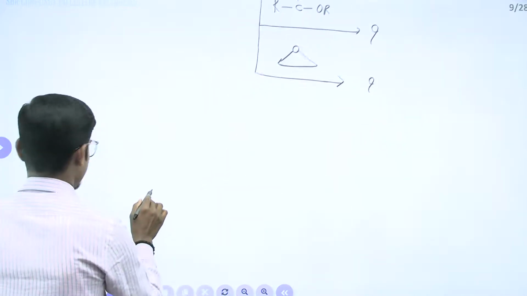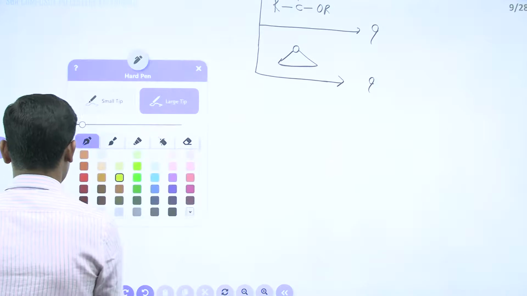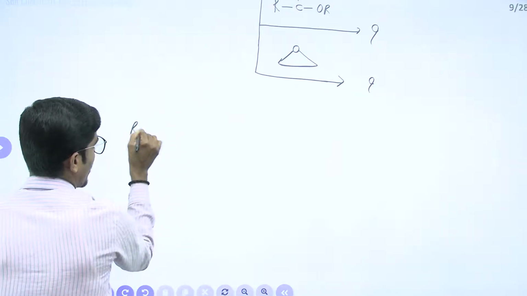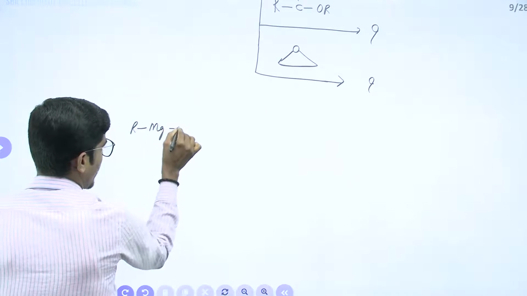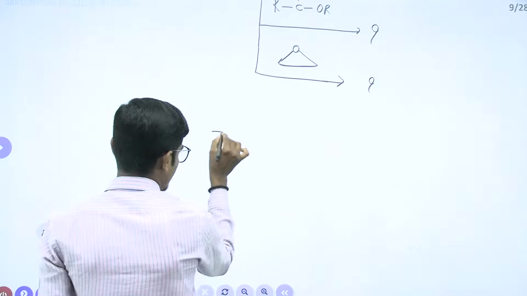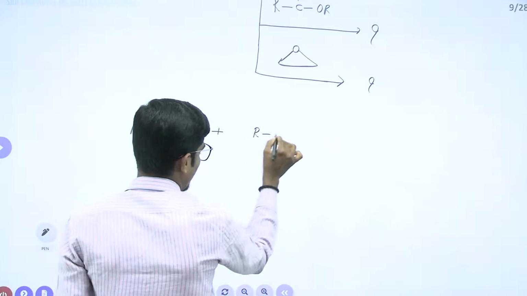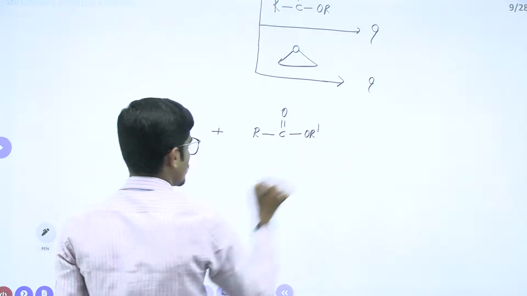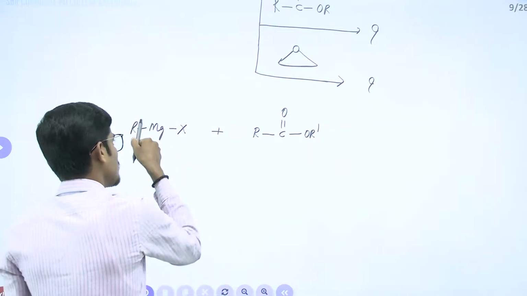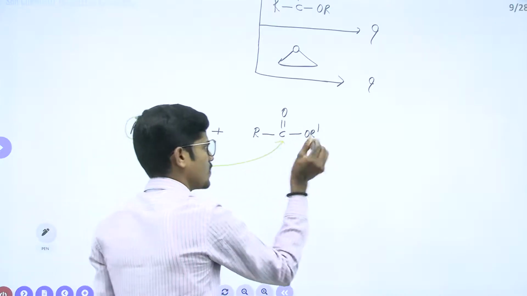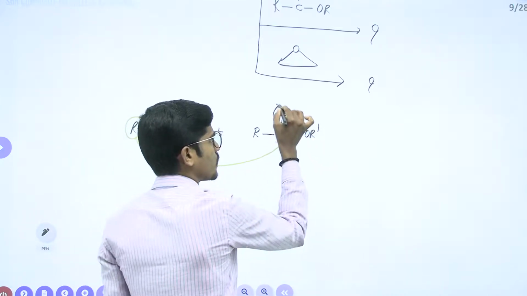With ester, when an alkyl magnesium halide, that is a Grignard reagent, attacks the ester, COOR, the R group attacks this carbon, and the mechanism will be the same.